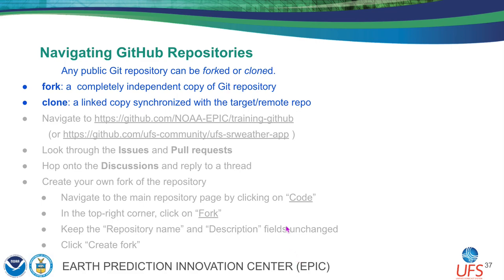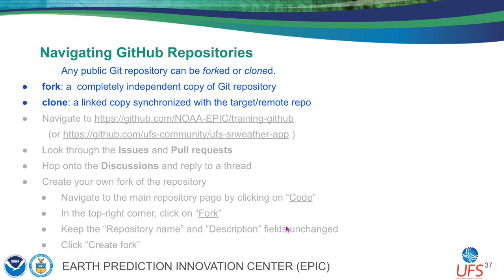So let's navigate GitHub repositories. Any public GitHub repository can be forked or cloned. These are similar terms, and we'll talk about the differences. A fork is a completely independent copy of a remote Git repository that you can use to track your local ones, either against the original repository or sync with your fork.